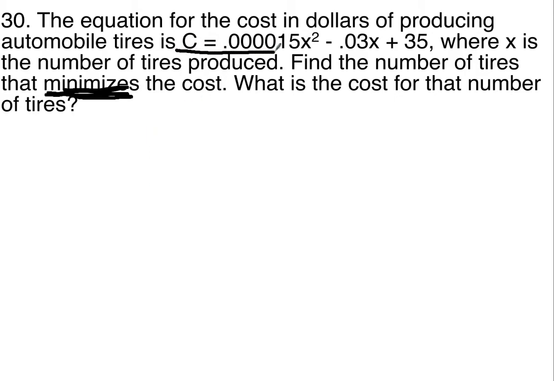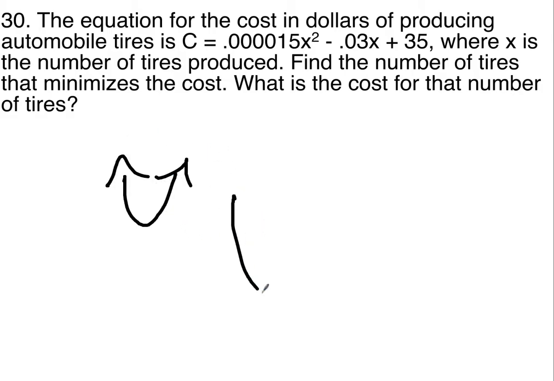So what we want to know is, what does this function look like, first of all? This little bitty number is a positive number. There's not a negative sign there. And so that means this parabola is going to look like this. That's going to be the basic shape. It's going to be opening up. So we're looking for a minimum value, and that's our vertex.